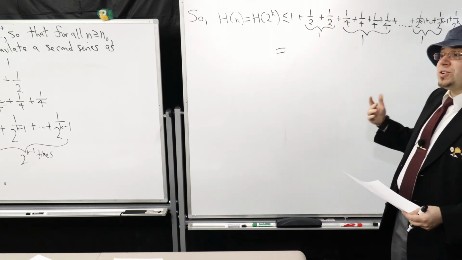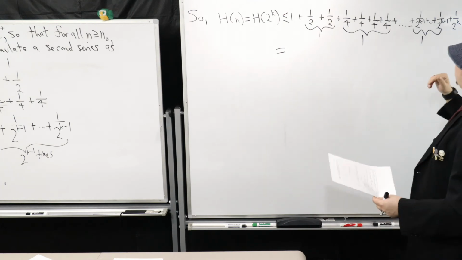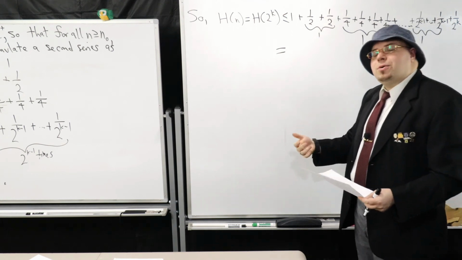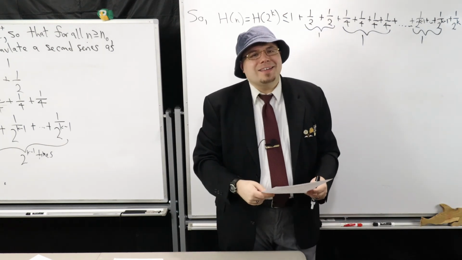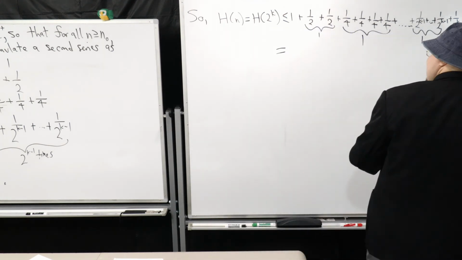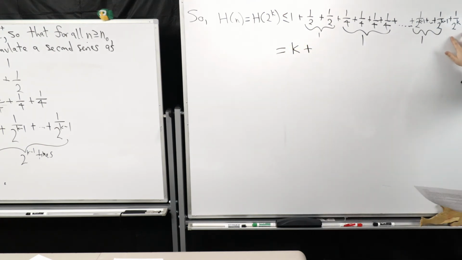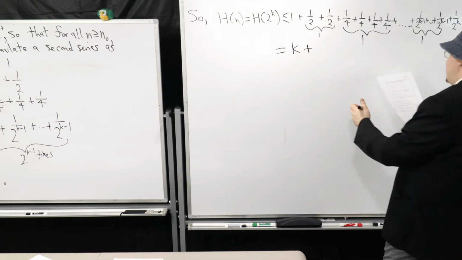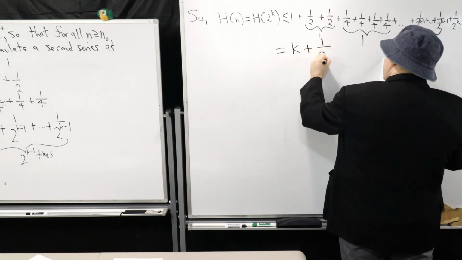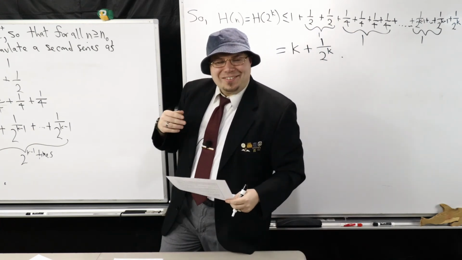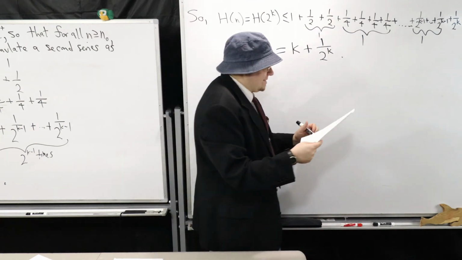But how many numbers are there from 0 up to k minus 1? Well, it's 0 plus k minus 1. But what is that? That's just k, right? So that's k plus the final term I did not include anywhere else. So that's 1 over 2 to the power k. Boom. There you go. So you're going to see how we're going to use this next.